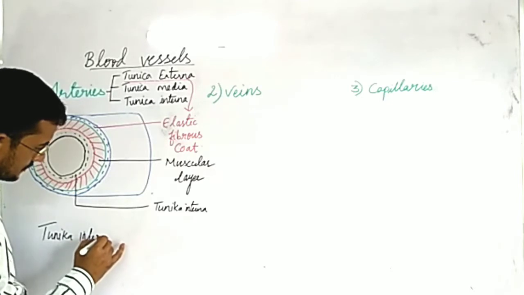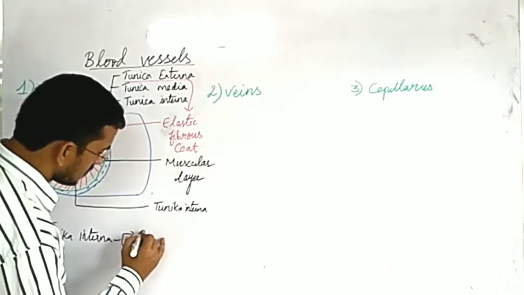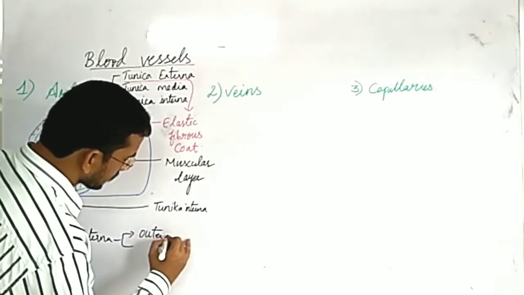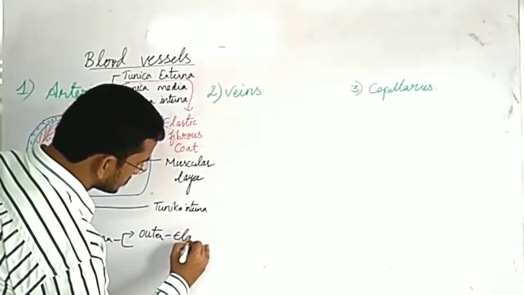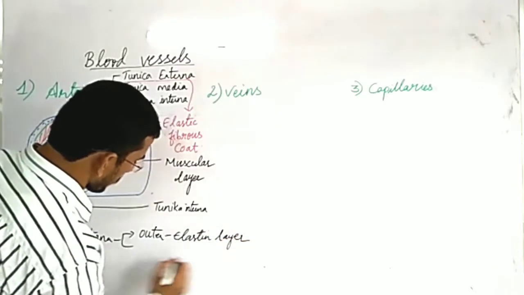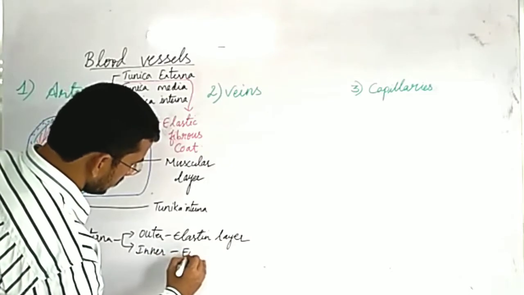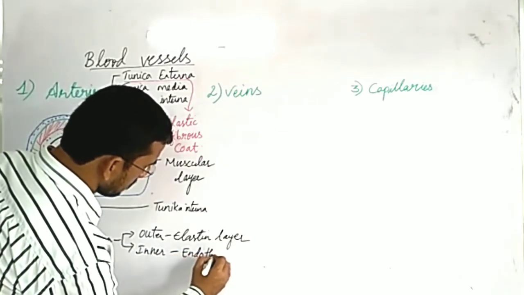One is the outer elastin layer and the inner is endothelium.